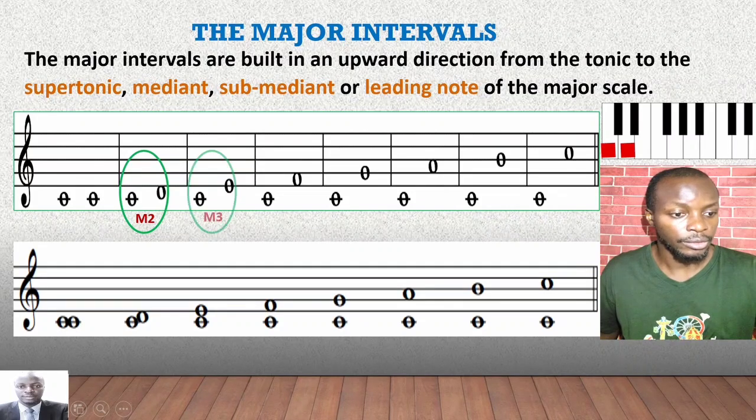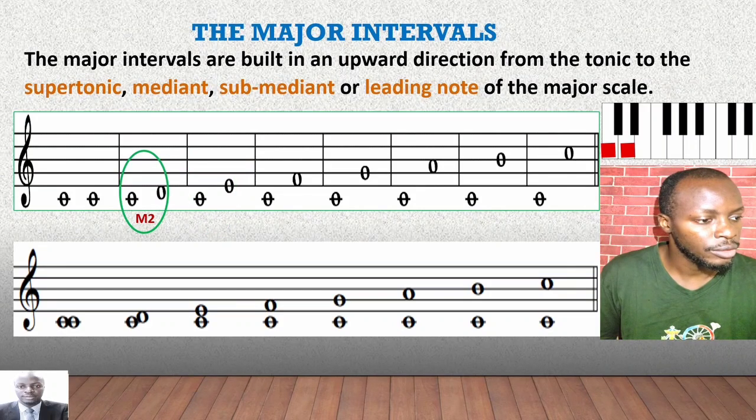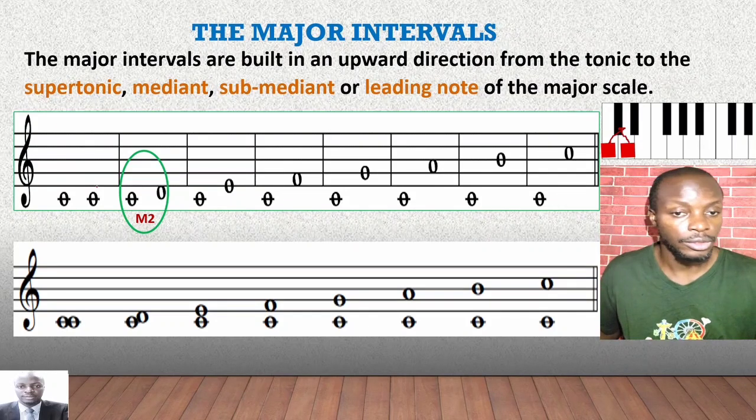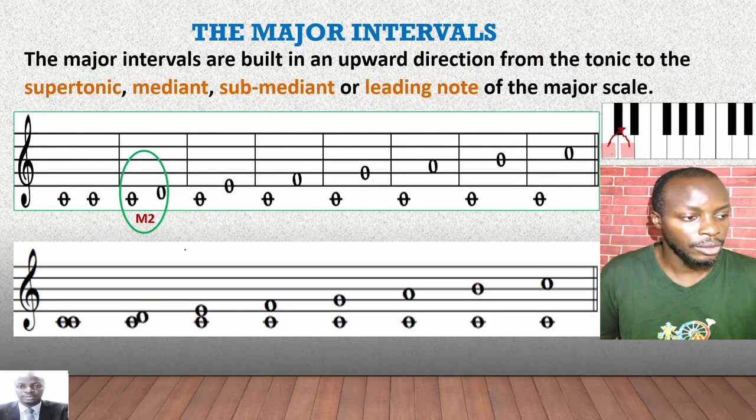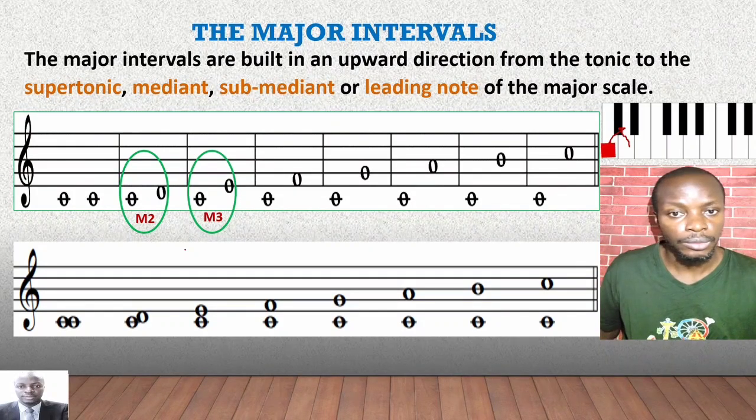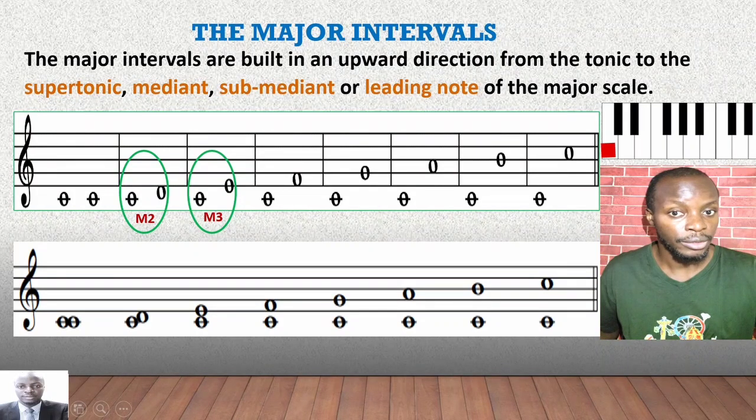There's a major second because of the number of semitones between them. That's from C to C sharp, and from C sharp to D, right? That's two semitones, right? And the next one, which is a major third, do mi, is a major third.